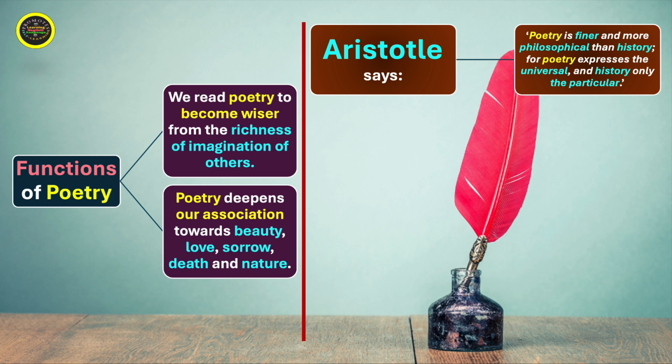It is also more philosophical. It has more depth in terms of meaning and message than history, because poetry expresses the universality of human emotions, while history talks about the achievement, success, and defeat of particular persons at a particular point of time. So Aristotle differentiates between what is poetry and what is history.